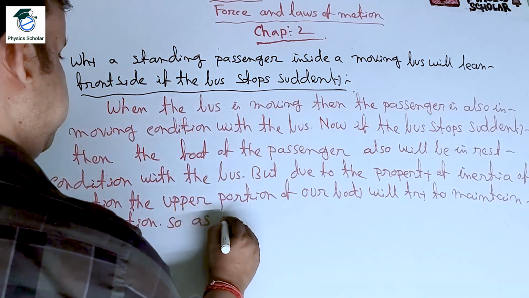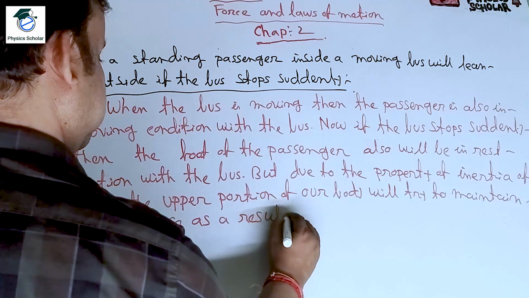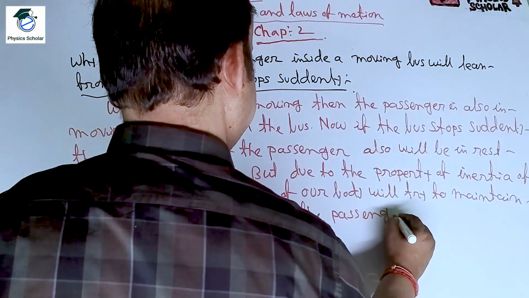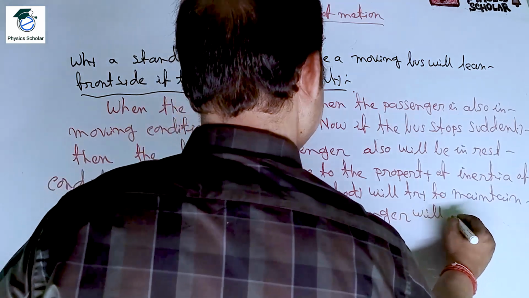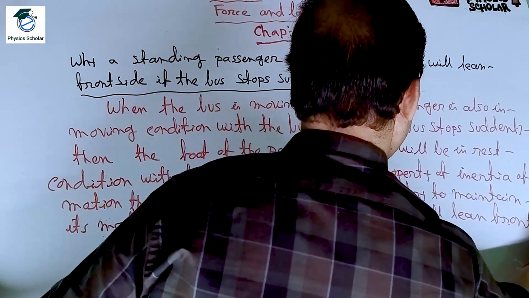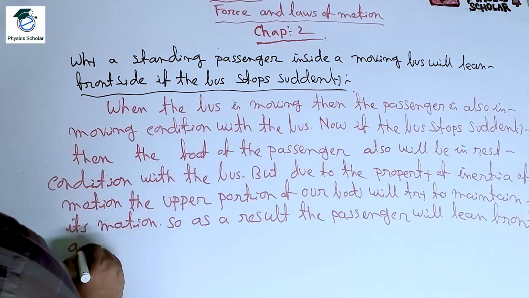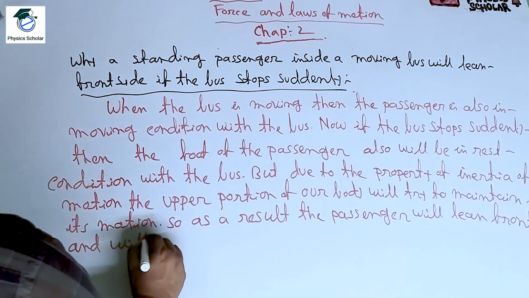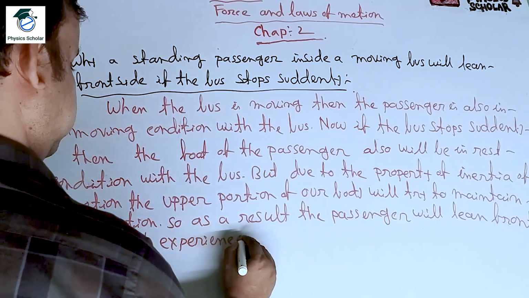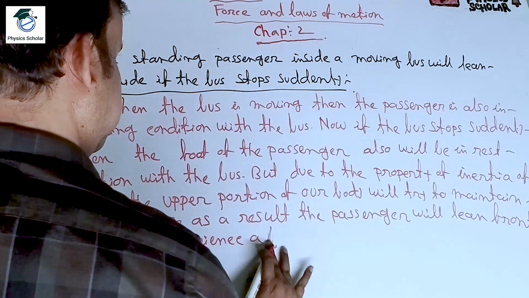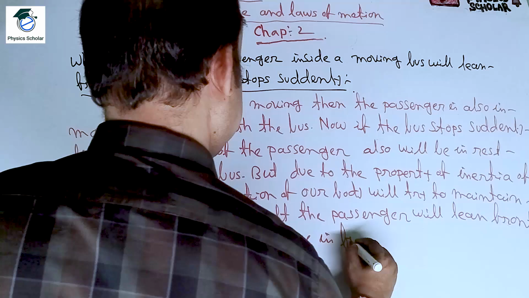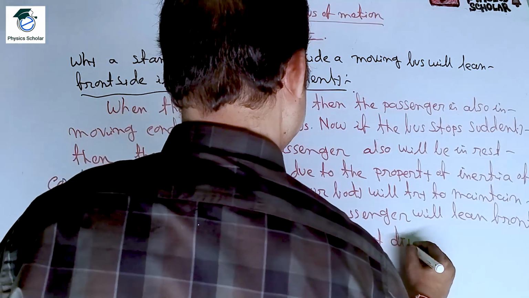So as a result, the passenger will lean front side and will experience a force in front direction.